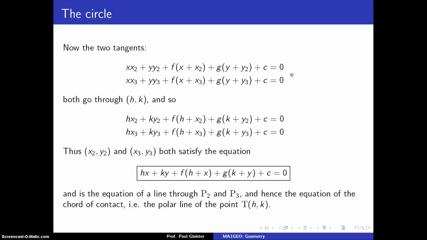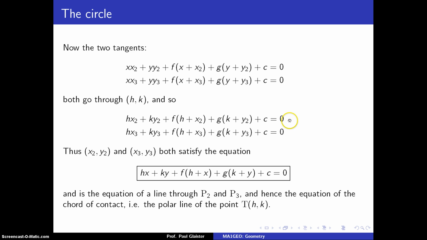But because those two tangents pass through (h, k), these two equations are satisfied by the coordinates h, k. So I can substitute in here for x and y as h and k, and what I get is still true. This is just stating the fact that the two tangents must pass through (h, k).